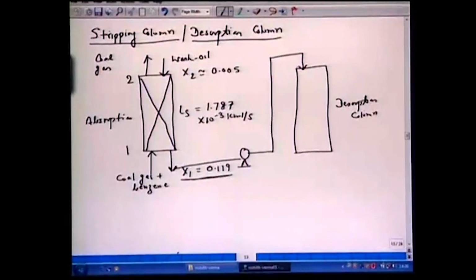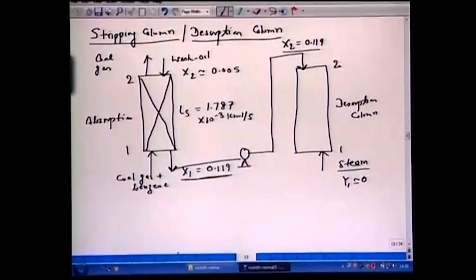Okay, so the idea here is that this liquid which contains a very high amount of benzene, 0.119, so this is the same as this composition here. Now this is cleaned with steam. In a typical power plant we have plenty of steam available. Composition here is 0, so it's a pure stream. This is level 1, this is level 2.